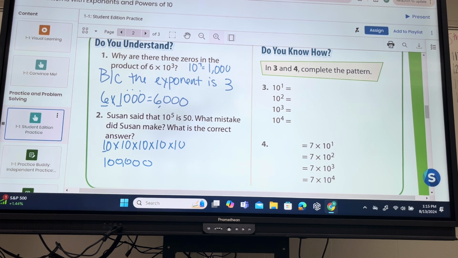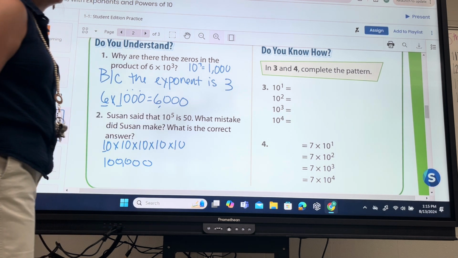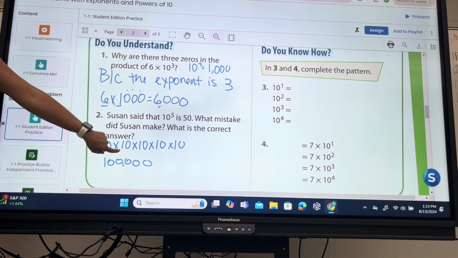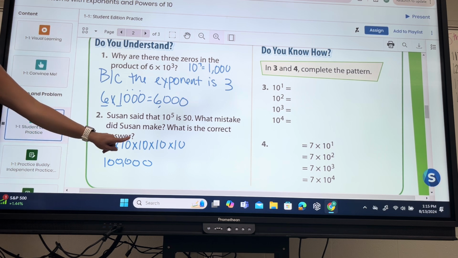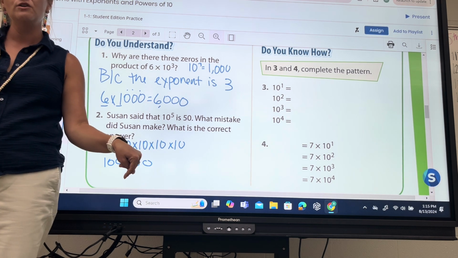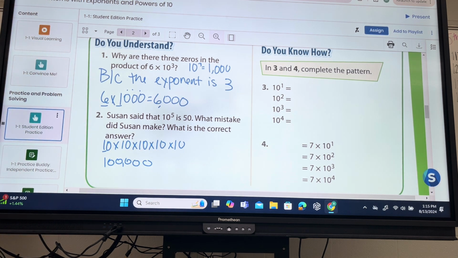I am explaining the why behind it. If Susan got 10 to the power of 5 is 50, what did she do wrong? She multiplied 10 times 5. Is 10 times 5 the same thing as 10 times 10 times 10 times 10 times 10? Not at all, not even close, okay?